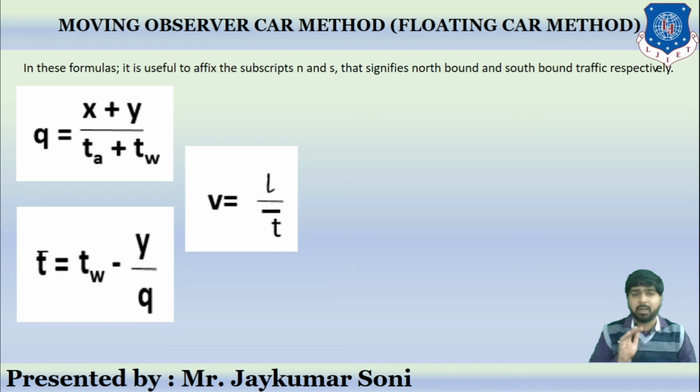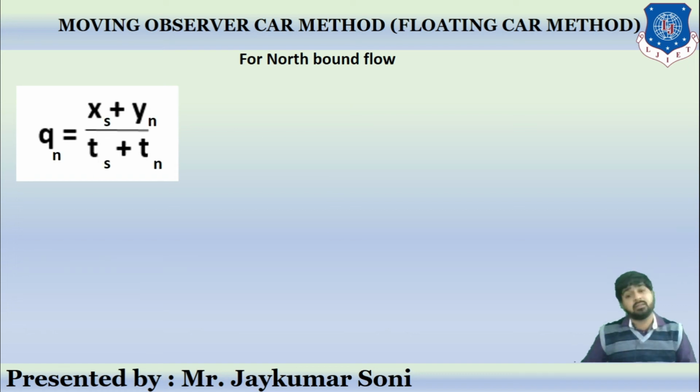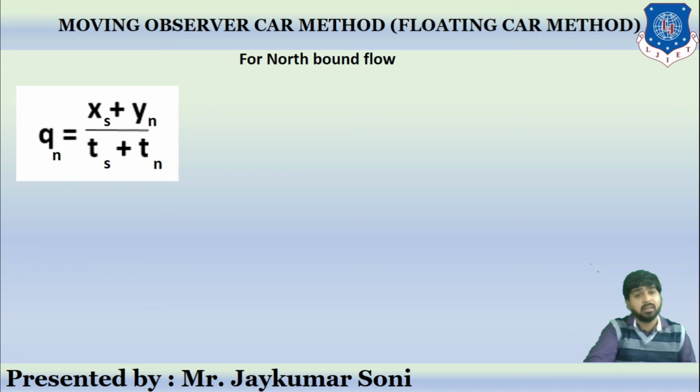Now, in case of northbound, the equations that we have learned will be changed. First it was like this, now for northbound it will be like this. Here we are calculating the values for northbound, so q will be qn instead of q.